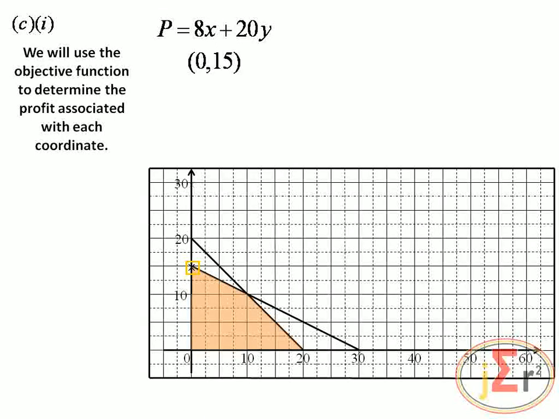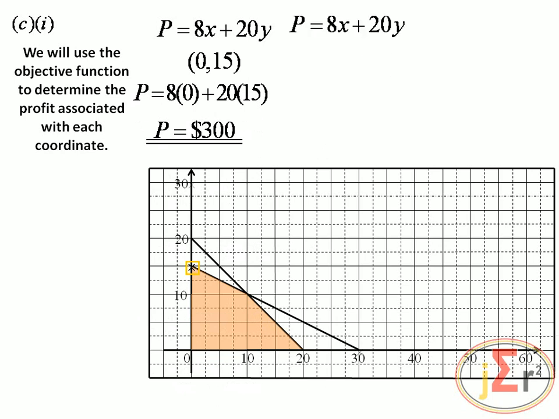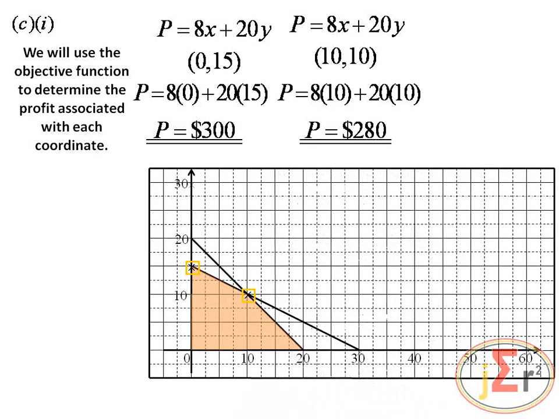For that vertex, which is 0, 15, we have 8 multiplied by 0 and 20 times 15. The result is $300. Then we have another one. 8 tens and 20 tens. Put those together, we get 280.